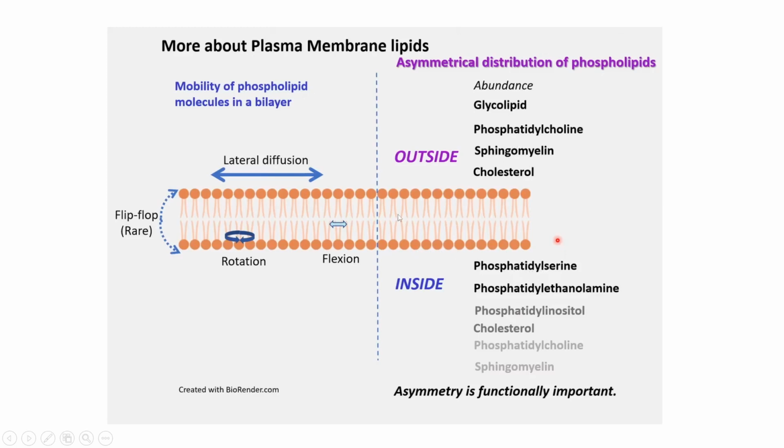So if phosphatidylserine is higher in number on the outside of the membrane, that activates the signaling that the cell is undergoing apoptosis. So during apoptosis there is a change in the membrane lipids. That is why the distribution of the plasma membrane lipids is functionally important inside the cell.